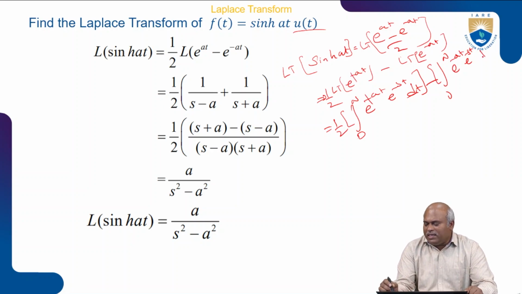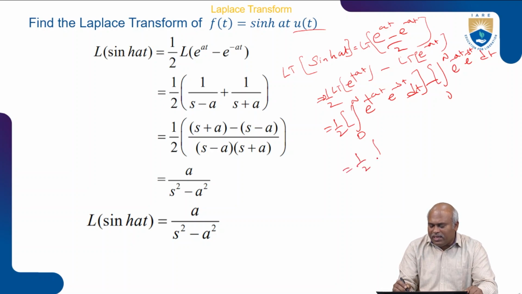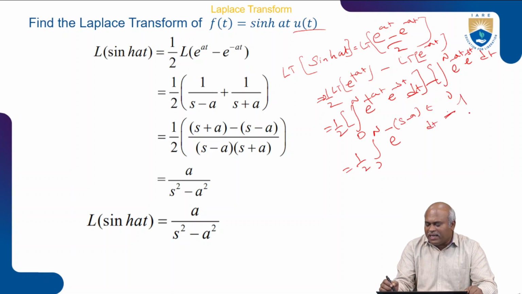Okay, dt we wrote. So now I write 1 by 2 integration of 0 to infinity e power minus (s minus a) t dt, plus minus integration of 0 to infinity e power minus (s plus a) t dt, we wrote.